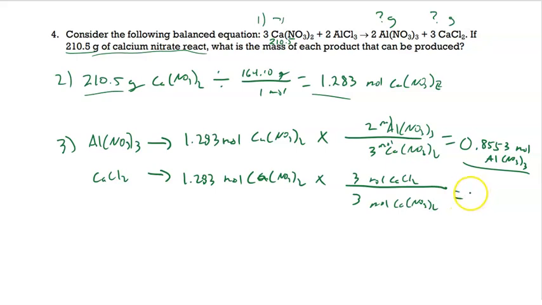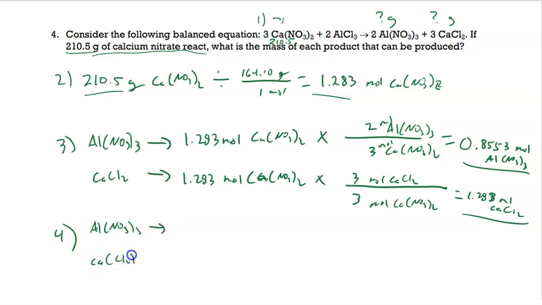And that gives me 1.283 moles of calcium chloride, so that in step 4, converting to my desired unit, which is going to be grams again. So Al(NO3)3, CaCl2, oops, don't need those parentheses there, getting in a hurry.